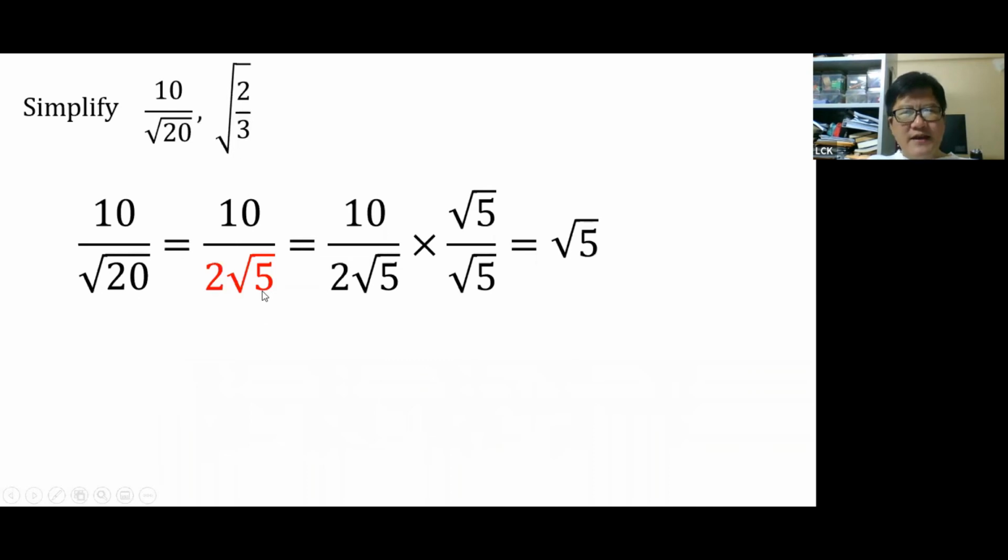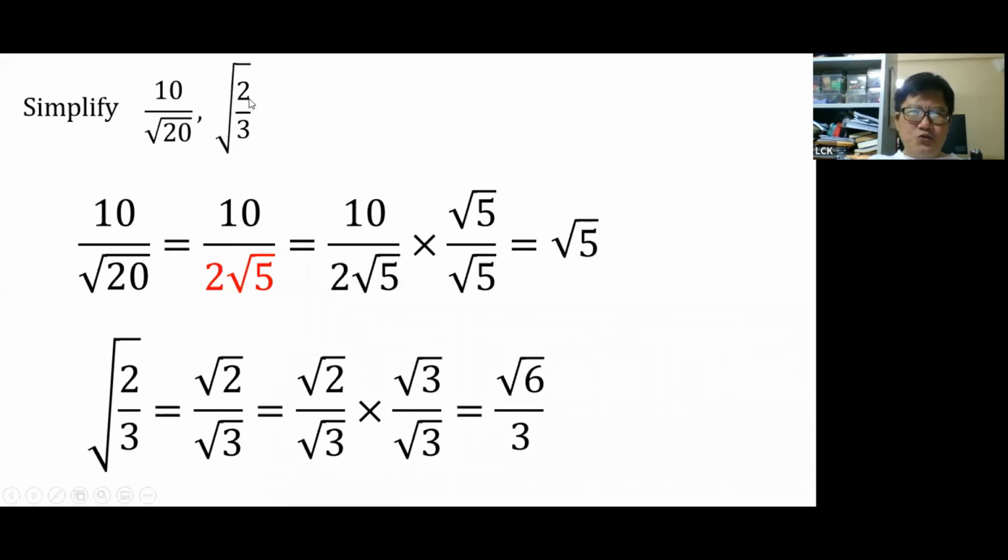When you have 2 square root 5, you're trying to convert this to a real number, so you multiply by square root 5 over square root 5. And 2 times 5 becomes 10, cancels out with the 10, leaving you just with the square root 5. A beautiful, beautiful answer there.